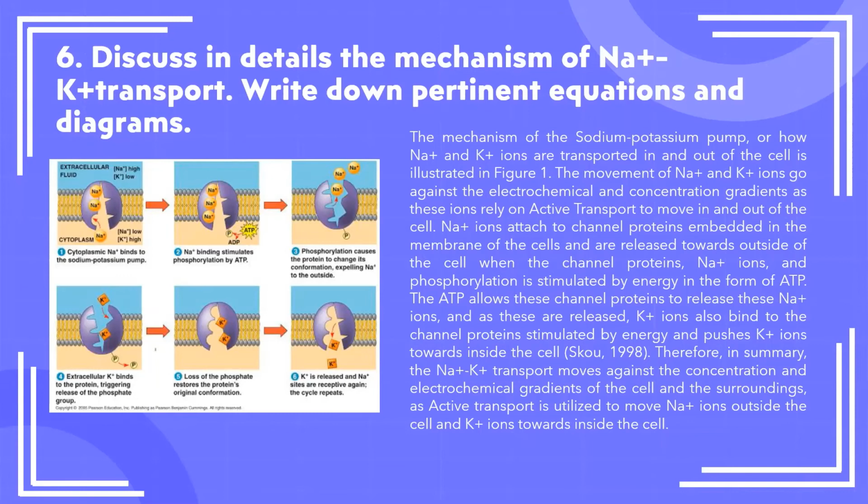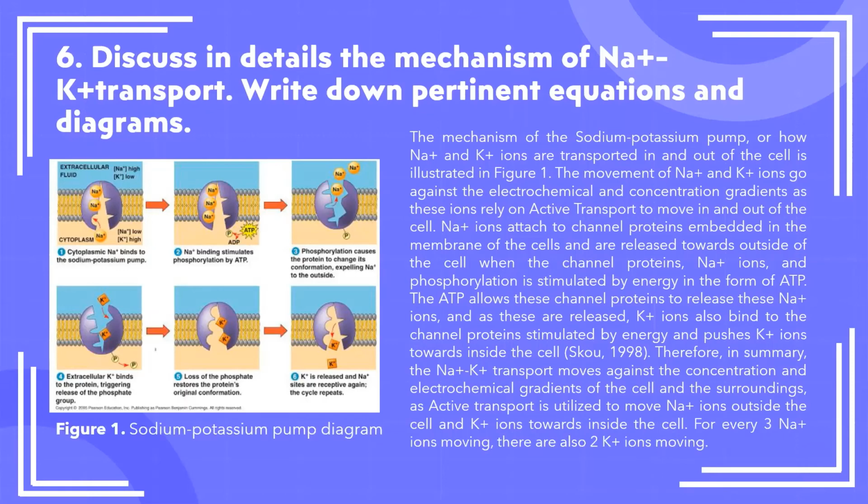Na+ ions attach to channel proteins embedded in the cell membrane and are released towards the outside of the cell when phosphorylation of the channel proteins is stimulated by energy in the form of ATP. Therefore, ATP is important in order for active transport and the sodium-potassium pump to occur. In summary, the sodium-potassium pump moves ions against the concentration and electrochemical gradients of the surroundings, as active transport is utilized to move sodium ions outside the cell and potassium ions towards the inside of the cell.